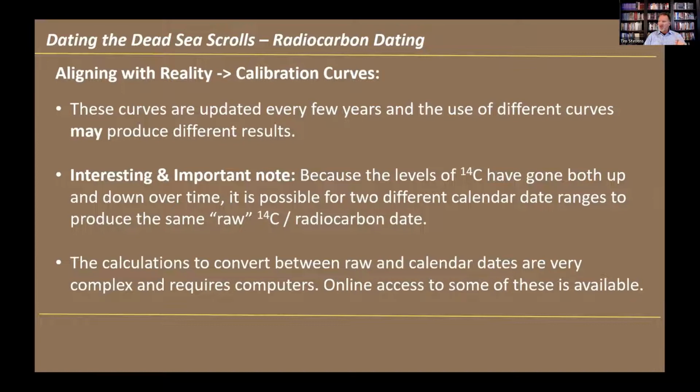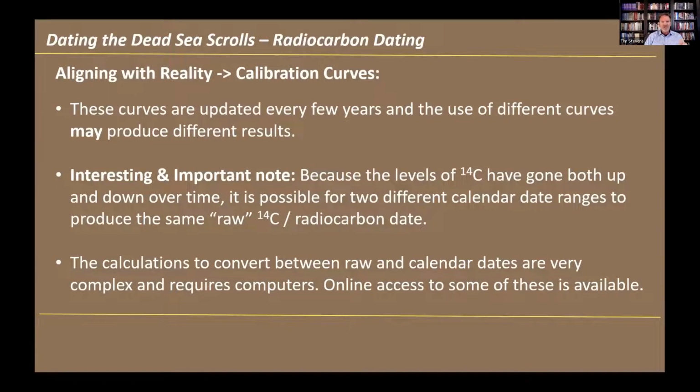But an interesting and important note, and I didn't realize this until doing this study, is that because the levels of carbon-14 have gone up and down over time in the environment, it's possible for two different calendar date ranges to produce the same raw carbon-14 date. So you can't just say, oh, this goes back 2,142 years, that corresponds to X date. There could actually be two ranges on the calendar that could give us the same result.